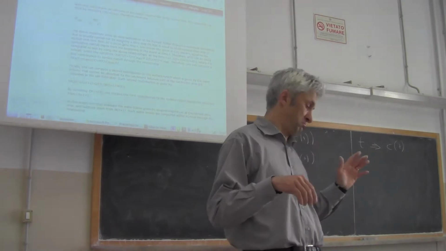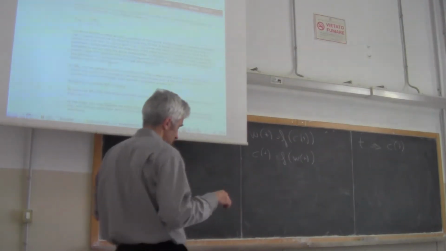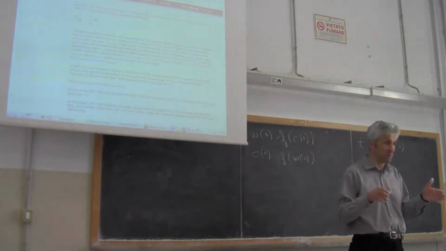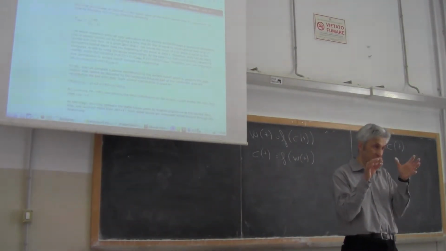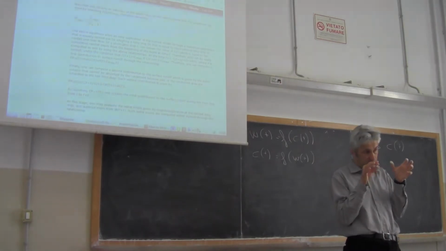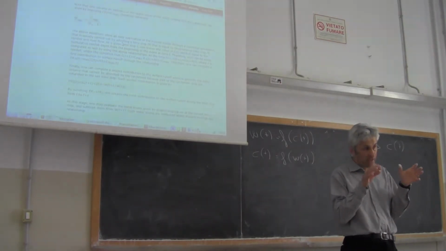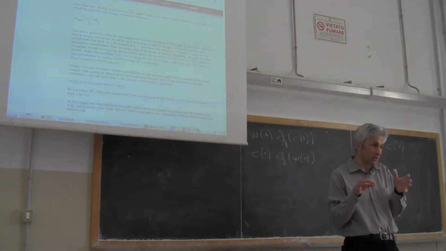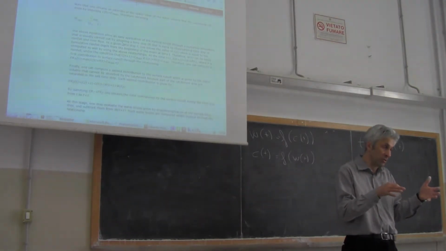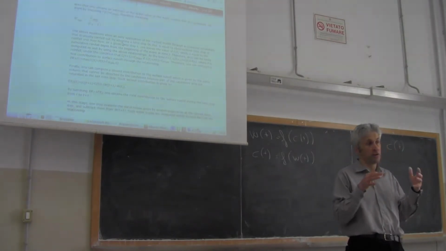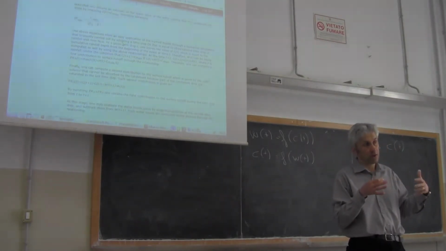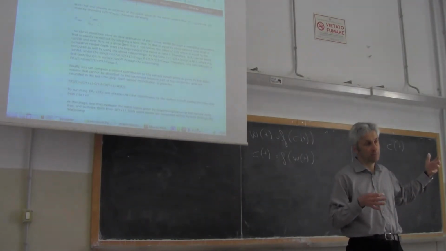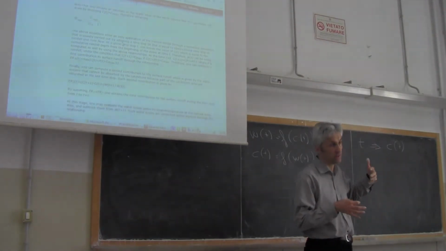If you have hourly rainfall data, you may run the model at an hourly time step, because what is important? If you decide on a time step like hourly, at each hour you need the input information. If you don't have the input information each hour, in principle you cannot run the model at an hourly time step. If you have your information at a daily time step, you need to run the model at a daily time step.